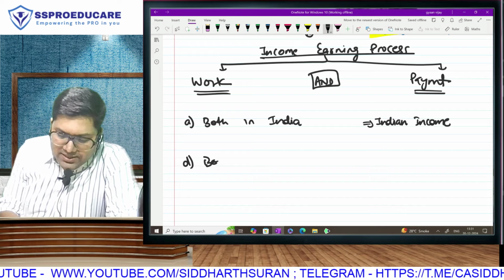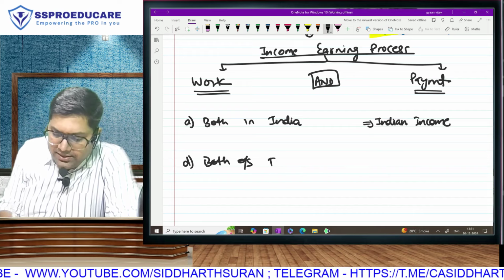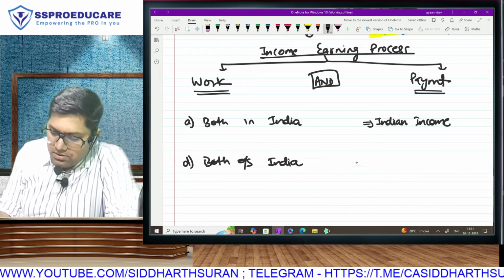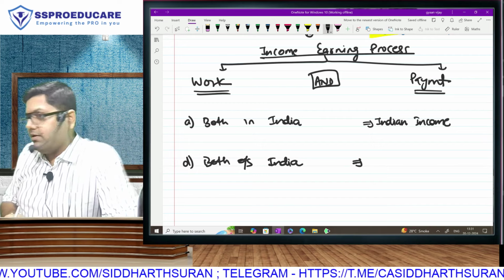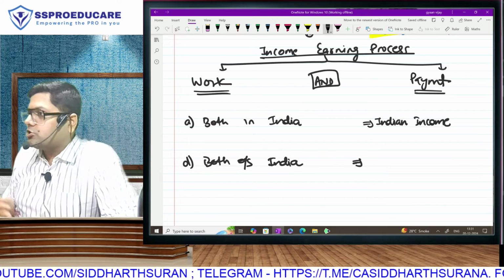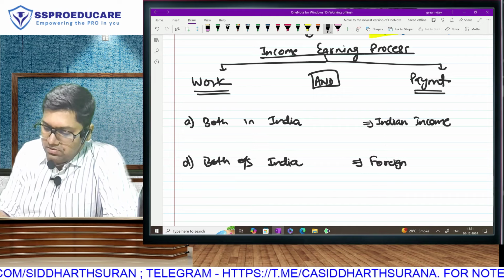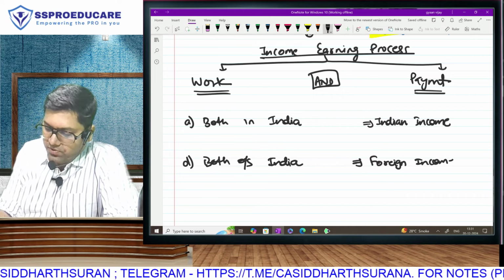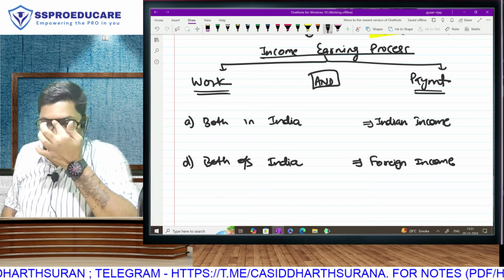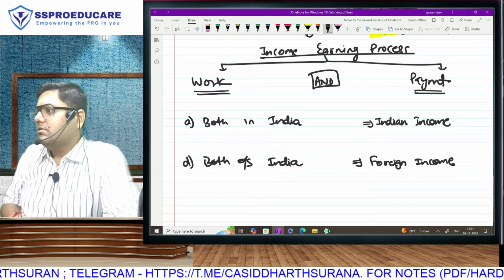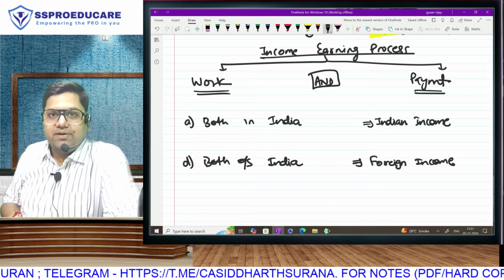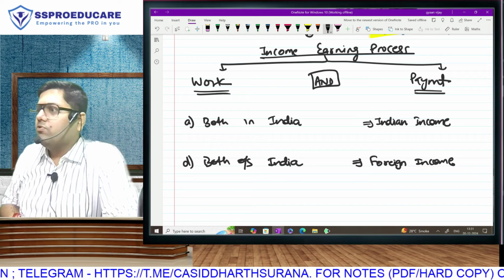When both activities are done outside India, work also outside, payment also outside, obviously it is going to be foreign income. Both activities in India, Indian income.